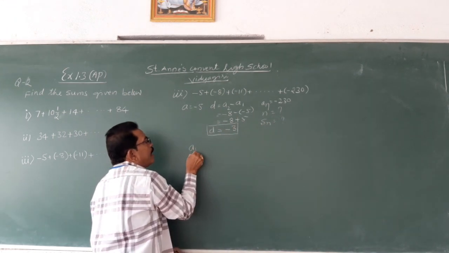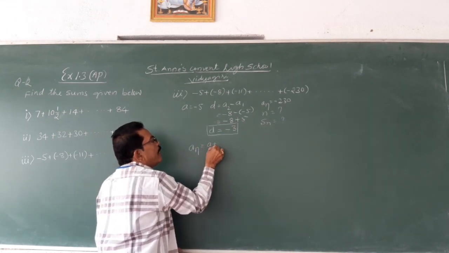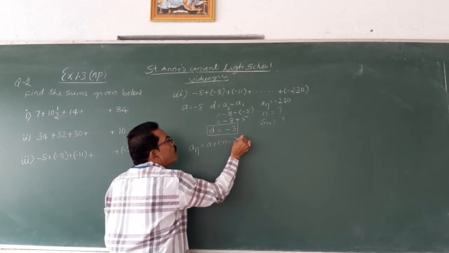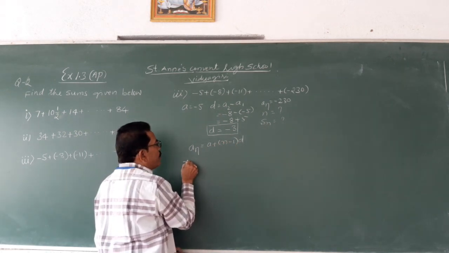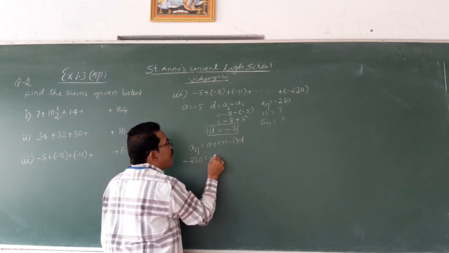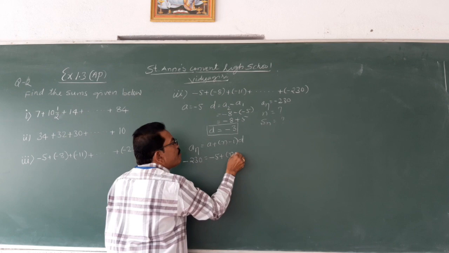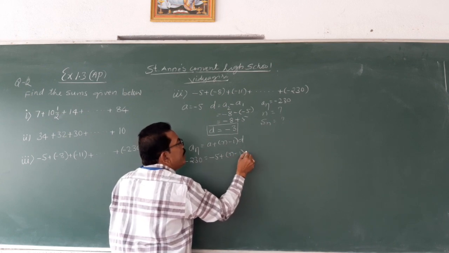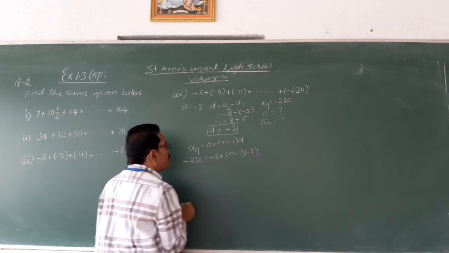An equals a plus (n minus 1) into d. An is minus 230, equals a, which is minus 5, plus (n minus 1) into d, that is minus 3.